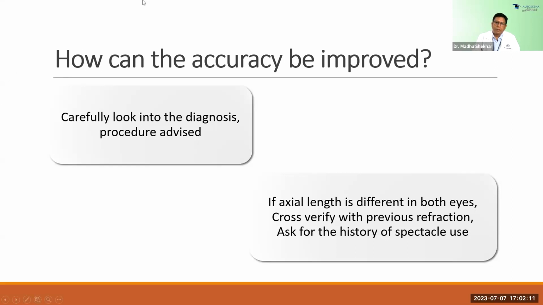So when we are advising this type of case, we have to look for the diagnosis, we have to look for the findings, we have to look for the difference in axial length in both eyes, and we have to ask the patient about previous refraction and about spectacle use.